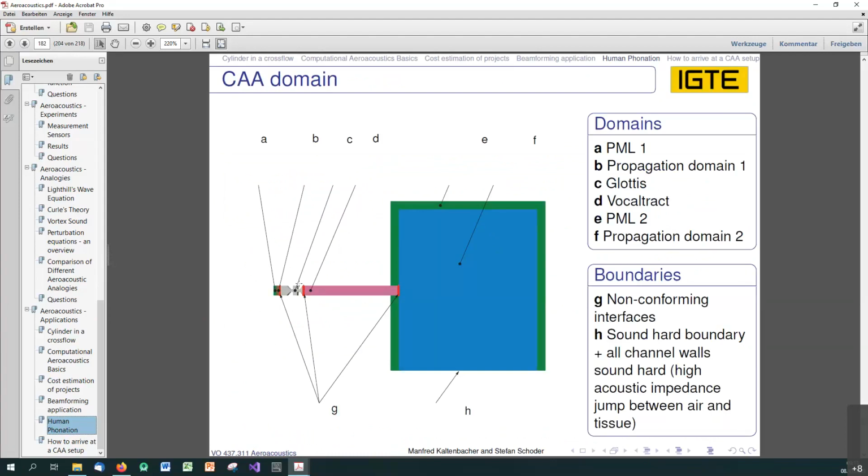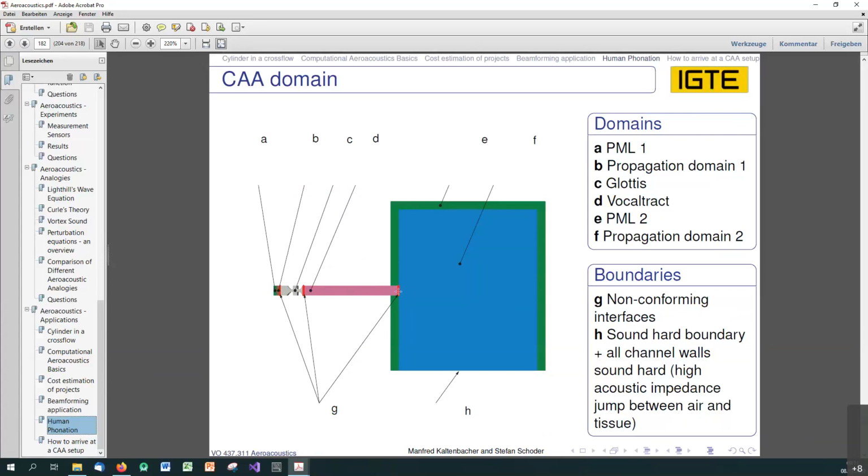Then we have some boundary conditions towards the lungs, which emulate the behavior of the lungs. Then we have an interface towards the vocal tract, which is this purple shape here.